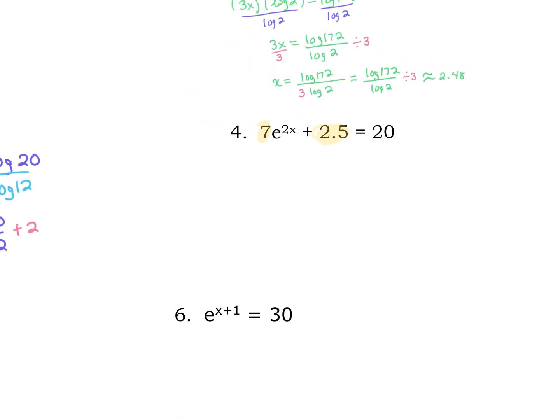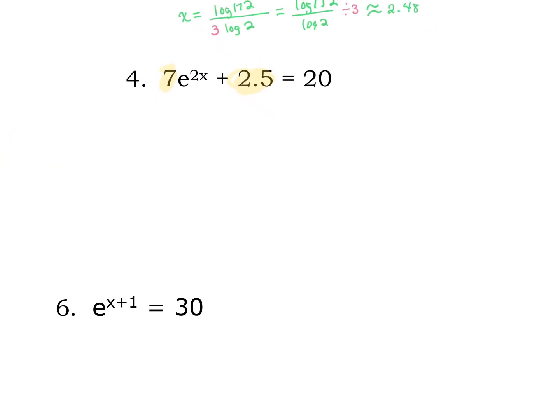But on this particular example, we've got that 7 that's getting multiplied, and we've got this 2.5 that's getting added. So we have to think order of operations in the order in which we are going to do this solving. We need to be careful. We've got to clean up and get rid of all of that extra stuff first before you actually take the ln of both sides.